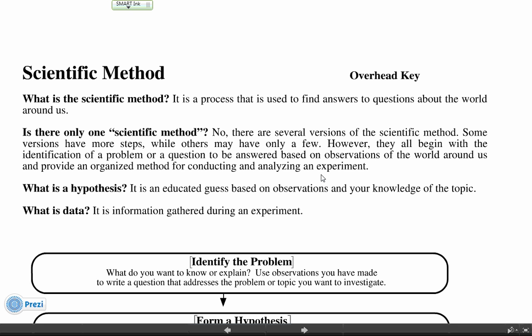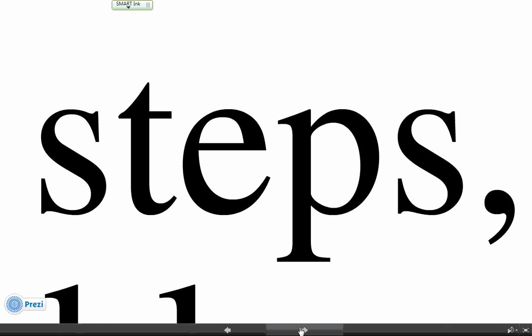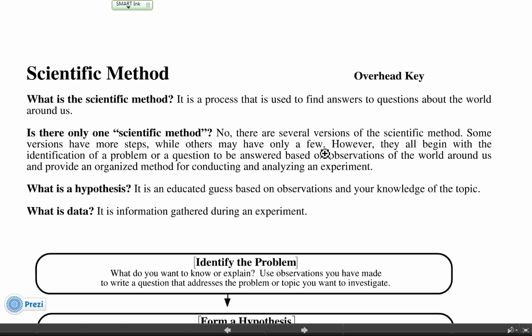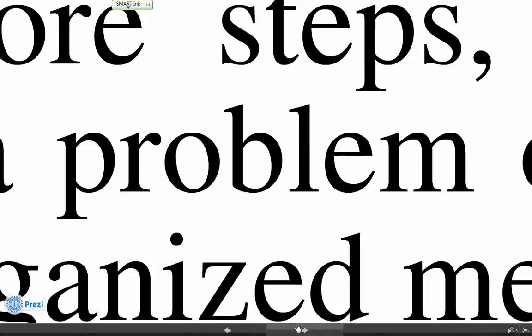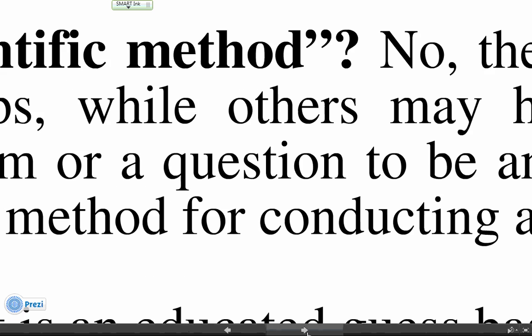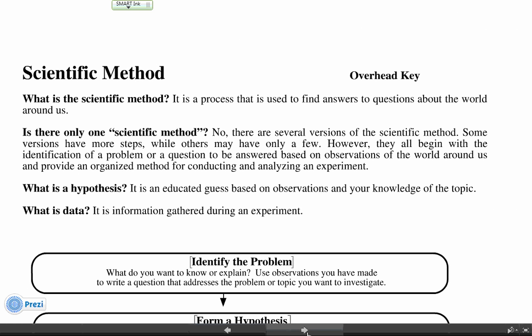Some versions have more steps, while others may have only a few. However, they all begin with the identification of a problem, or a question to be answered based on observations of the world around us.